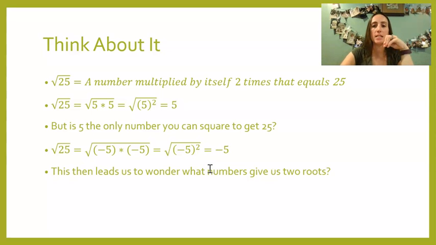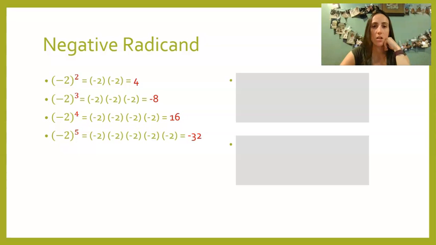This means that sometimes we are going to have numbers that have more than one root. And we need to figure out, okay, when are we going to have numbers that have more than one root? So we want to think about this. When we have a negative radicand, so when this number that goes inside our radical is negative, let's look at these patterns. So when we have a negative 2, if that's getting squared, it means negative 2 times negative 2. 2 times 2 is 4.